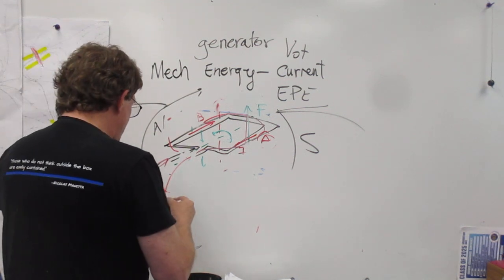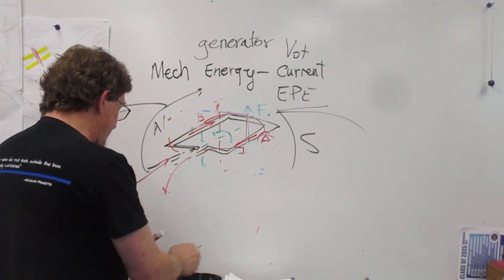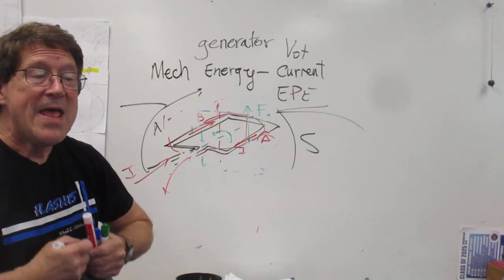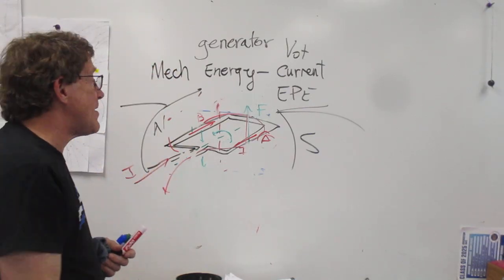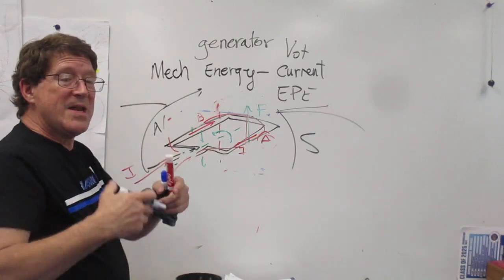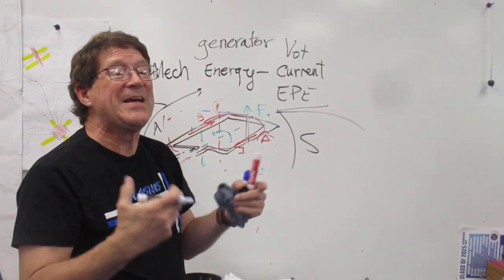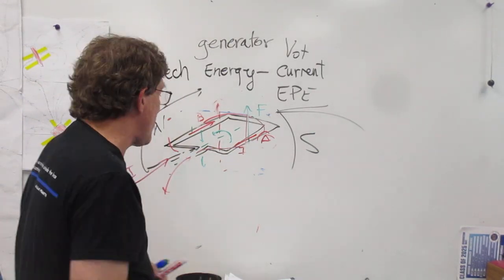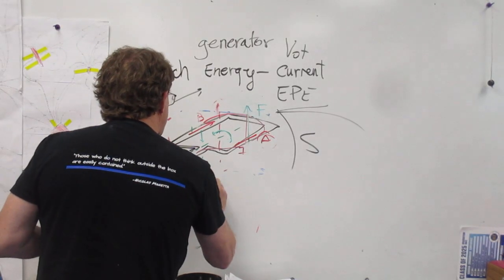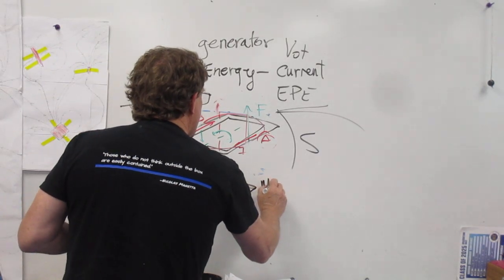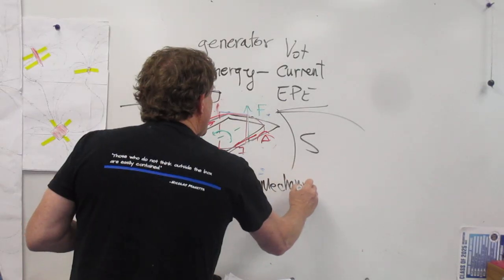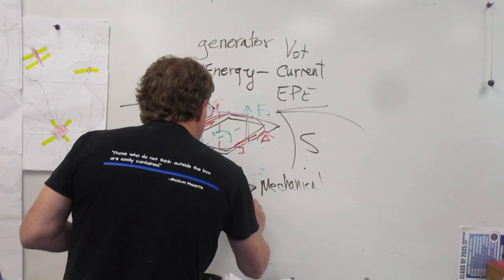And so when you put electrical potential energy, aka current, in, and you get mechanical energy out, because now you've got this thing rotating, and if you can convert that rotational energy into anything, you're doing mechanical work. When you put in electrical potential energy and you get out mechanical energy, that is what we're calling a motor.